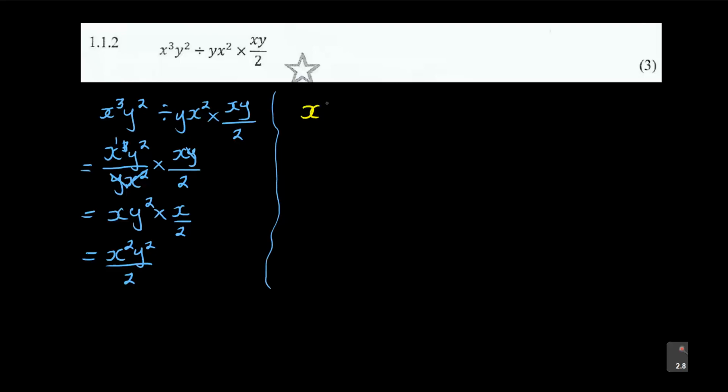I'm given x cubed y squared divided by yx squared times xy over 2. So I'm having this part, and in this case I said, okay, using the laws of exponents, now it was x cubed y squared.